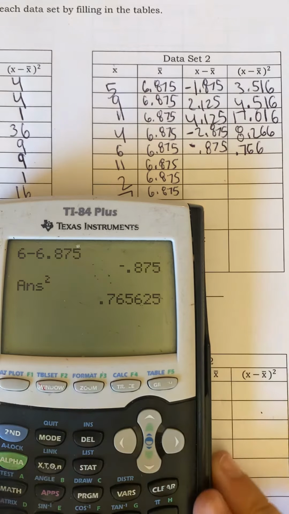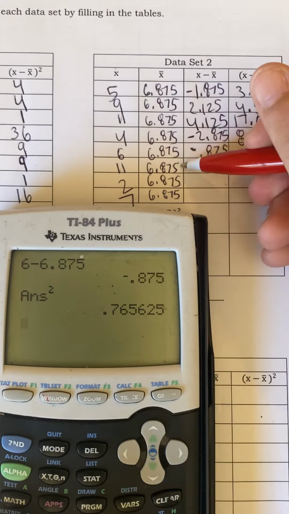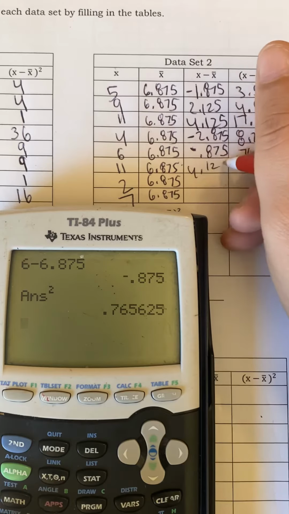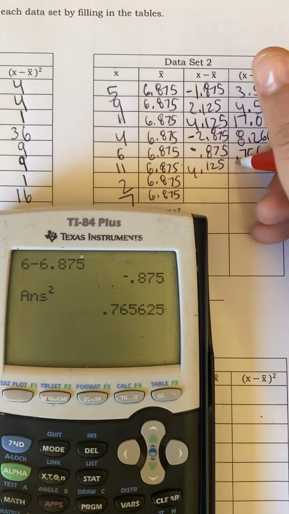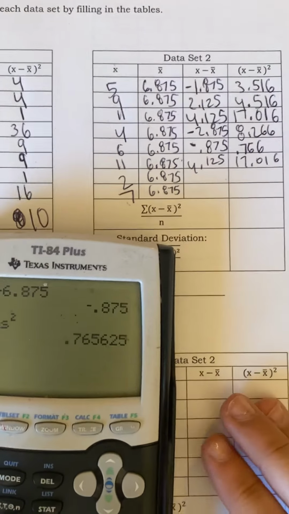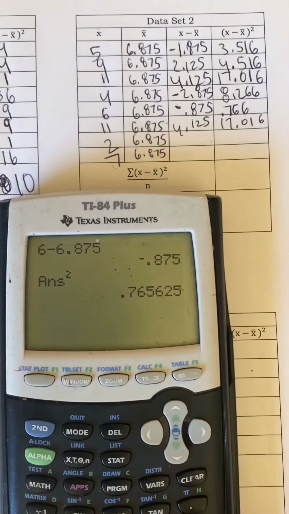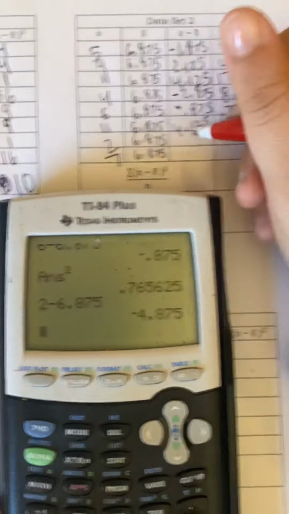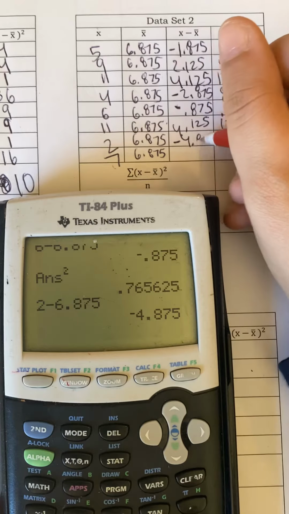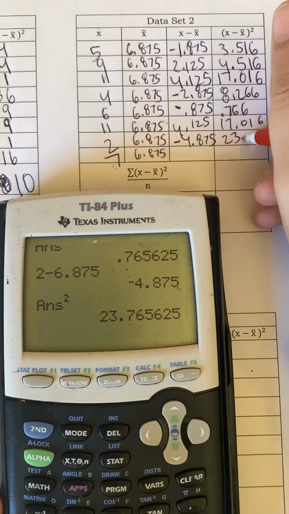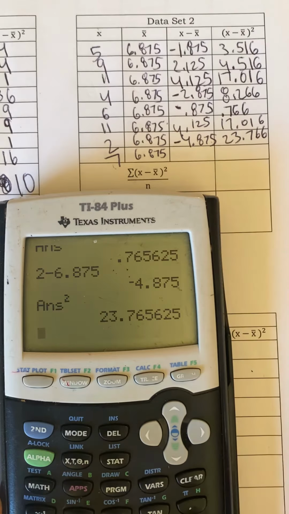All right, and then we do the next column, which we've already done 11, so all I have to do is copy it down. 4.125 and 17.016. Okay, and then the 2 minus 6.875 gives me negative 4.875, and then square it gives me 23.766.